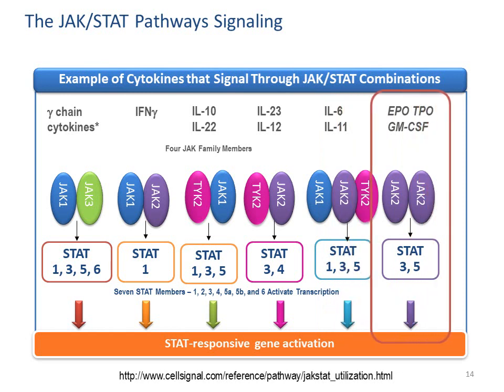And finally, the growth factors. So epoetin, thrombopoietin, and the granulocyte colony stimulating factors will basically be signaling through the only known, at least to me, pair of 2 identical JAK2s.